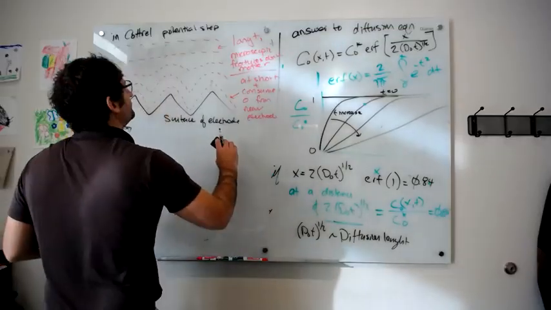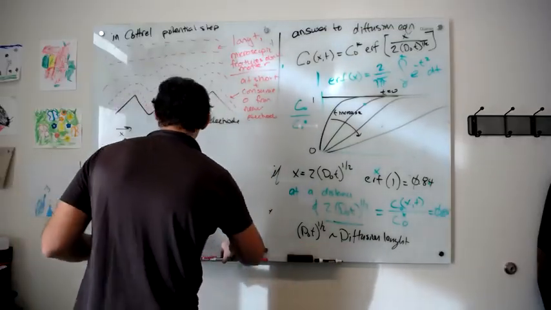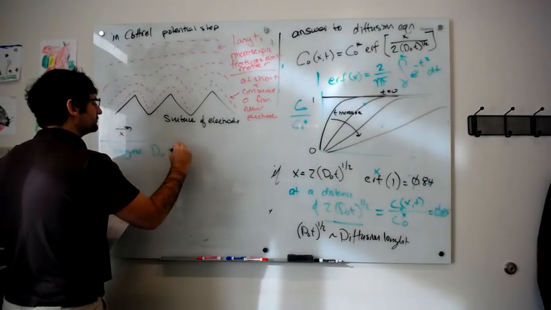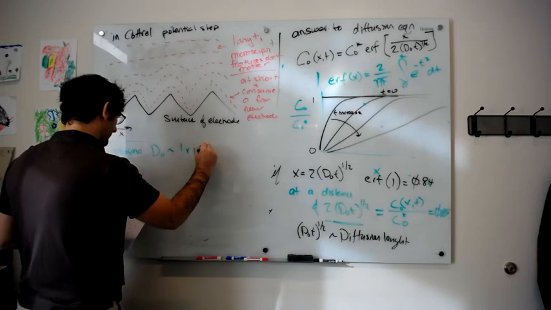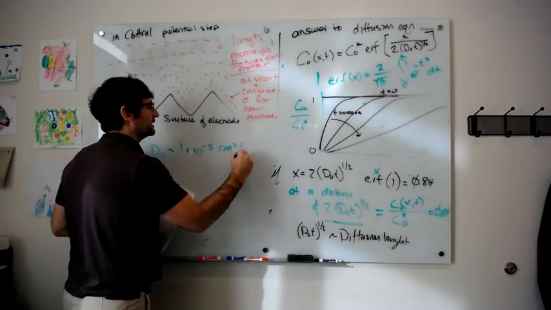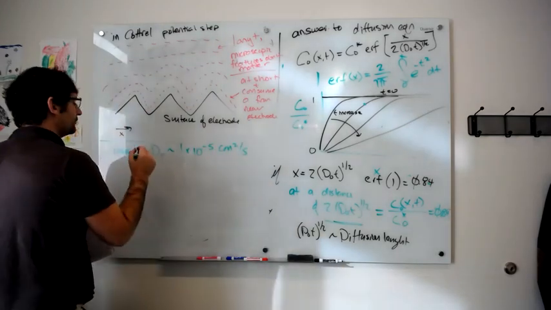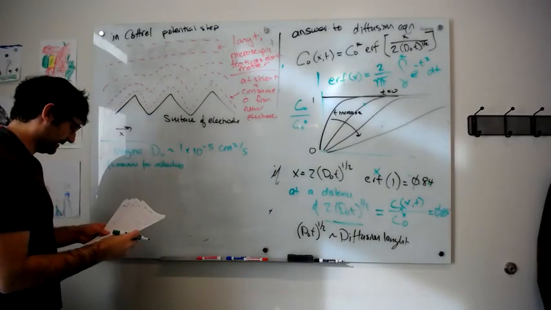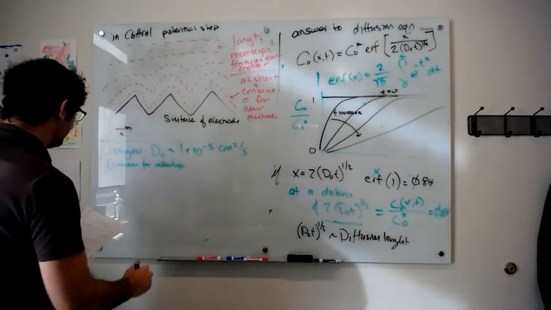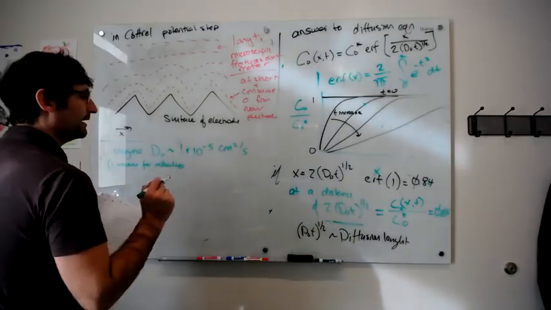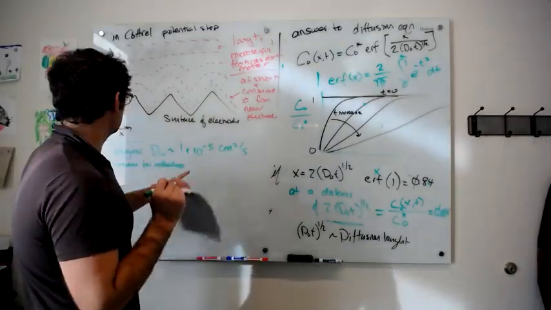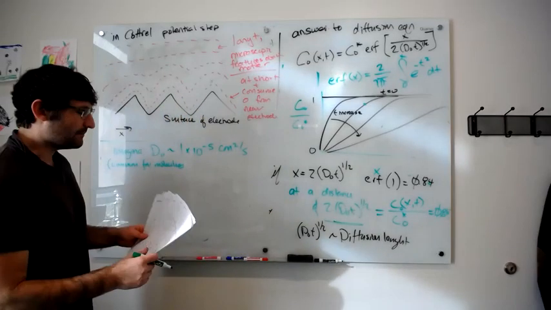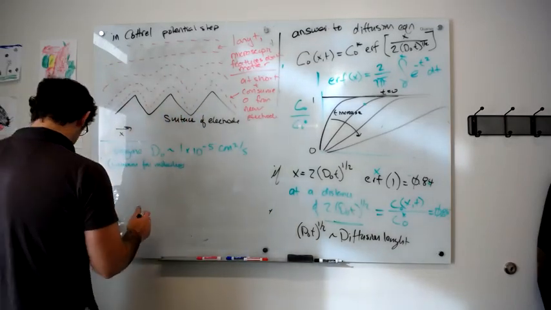So let's do an example here. Let's imagine D_O is 1 times 10 to the negative 5 centimeters squared per second, which is common for species in solution, for molecules. We can use this diffusion coefficient to calculate, based on this diffusion length, about how much of the electrolyte will be depleted.